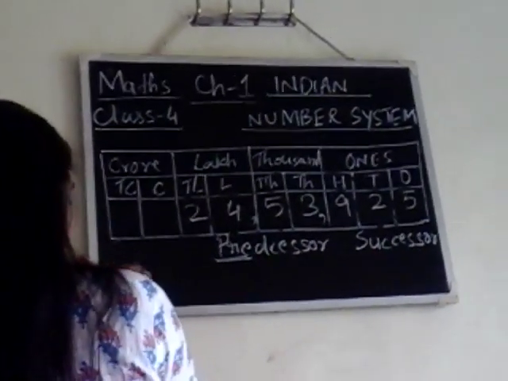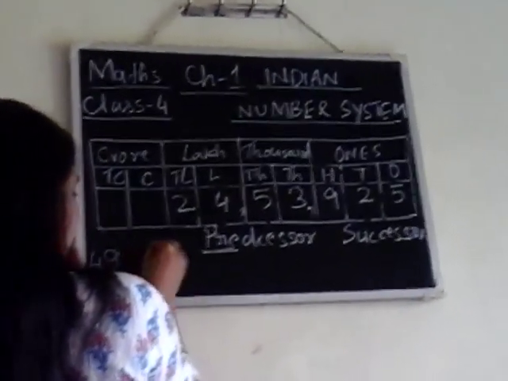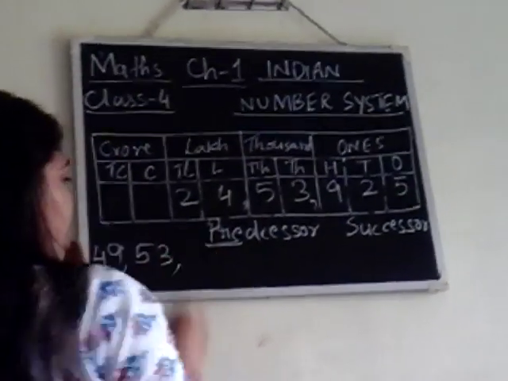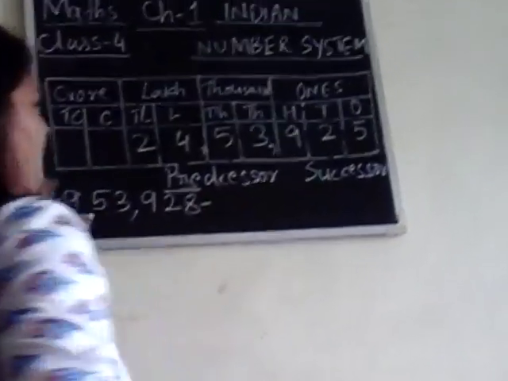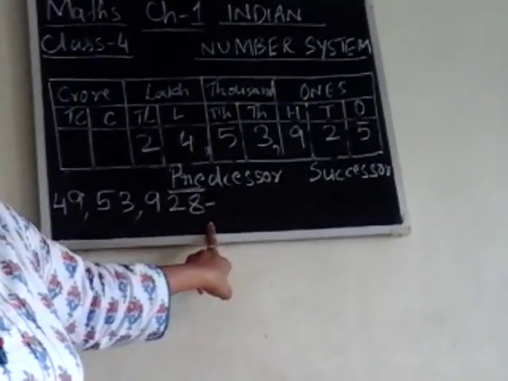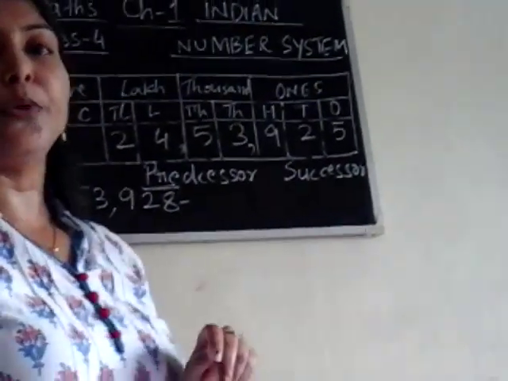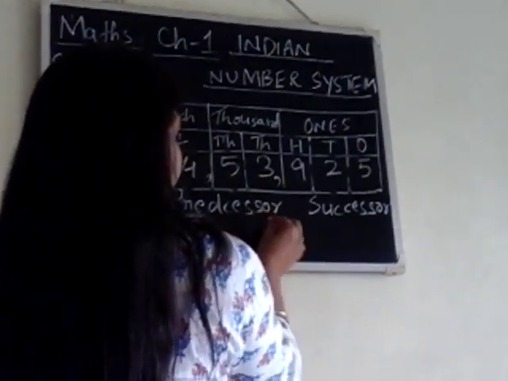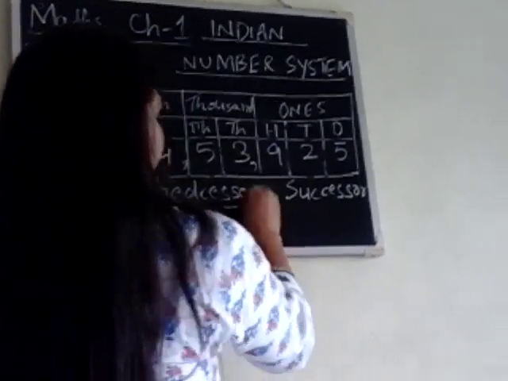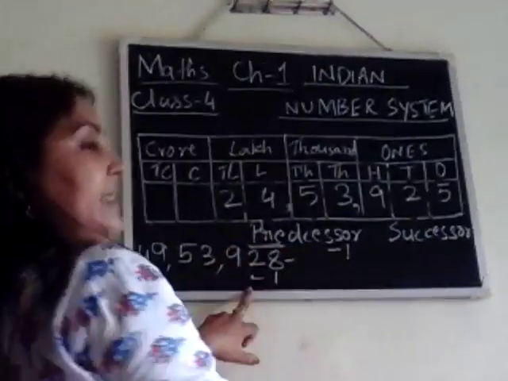Say 49 lakhs 53,928. Now you can see here, if I have to write the predecessor of this number, what I will do. As I told you, predecessors means always -1. So we will subtract 1. So if I subtract 1 from here, here it is 8. 8 minus 1 is what? 7.